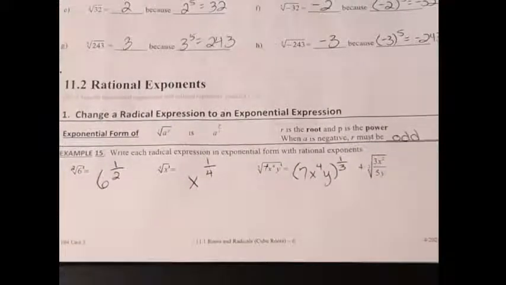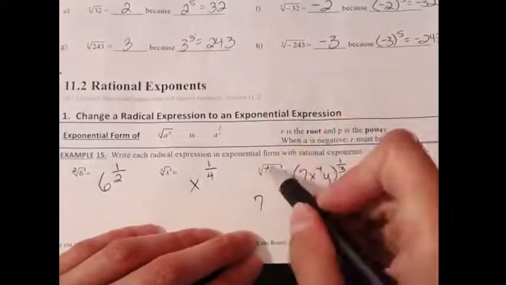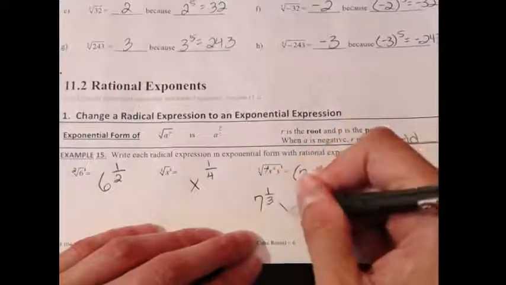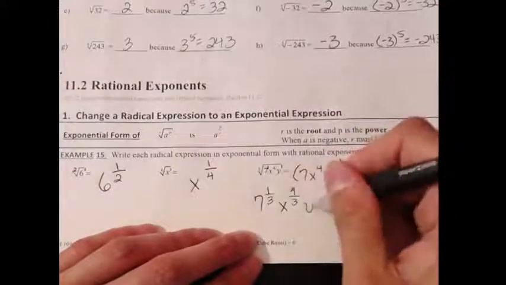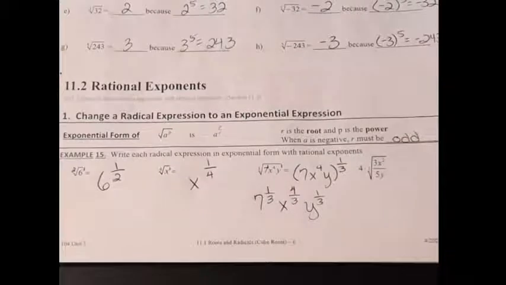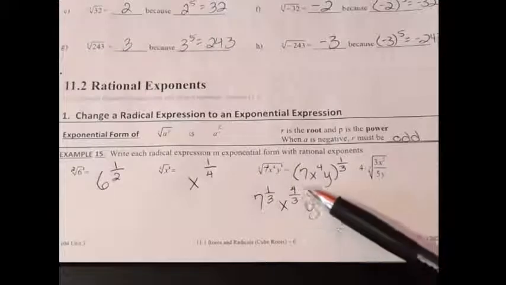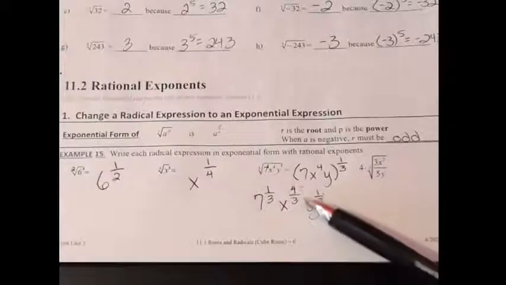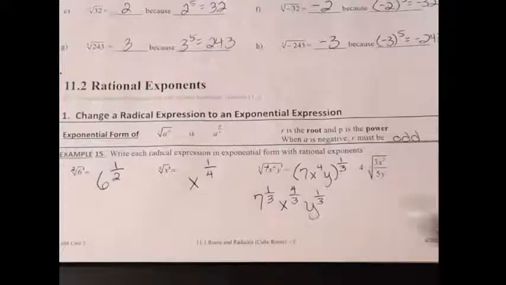But technically, if I wanted to write this completely in exponential form, where each base has that fractional power, then this becomes 7 to the power over root, x to the power over root, and then y to the power over root. Later on, we're going to figure out how to simplify something like this because you notice that my fraction here actually would result in a mixed number because my numerator is larger than my denominator. So we will learn later on how we would clean this up and simplify it.